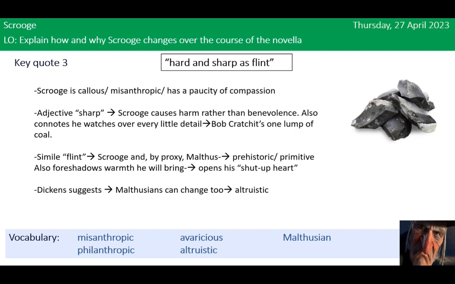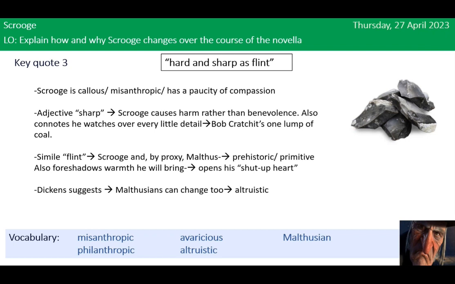It could also connote that he watches over every little detail. If we say someone is sharp, they're very aware and alert. That's what we mean here as well. There are two different meanings for this. He also watches over every little detail, just like how he watches over Bob Cratchit's one lump of coal. The simile flint is a simile because it says hard and sharp as flint.